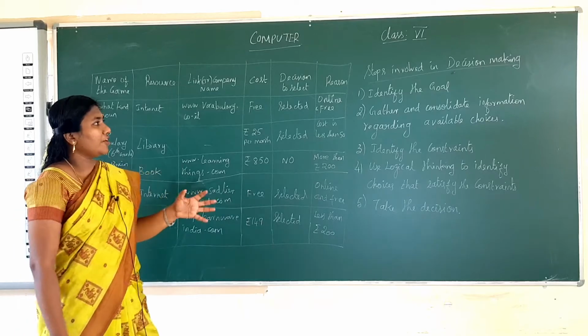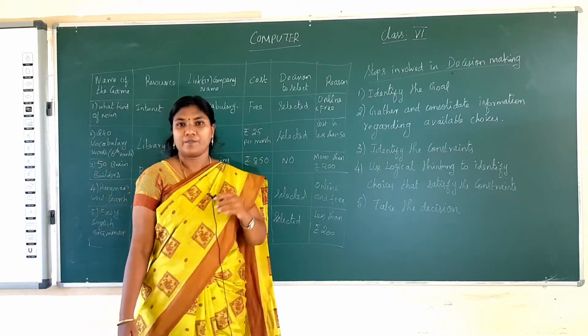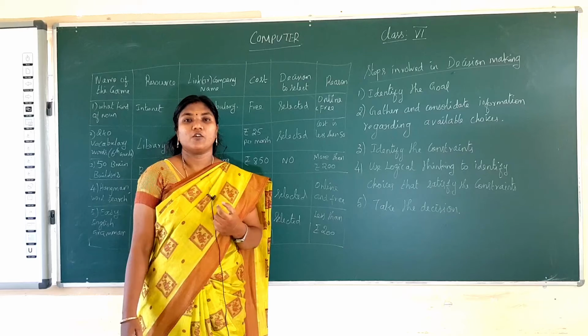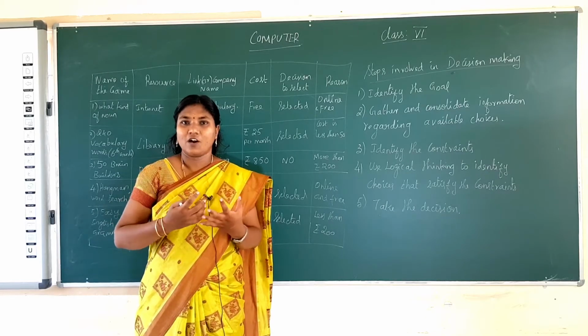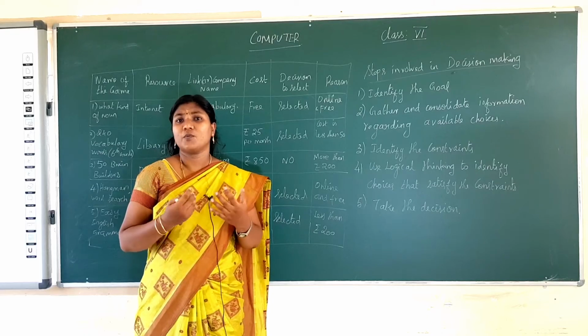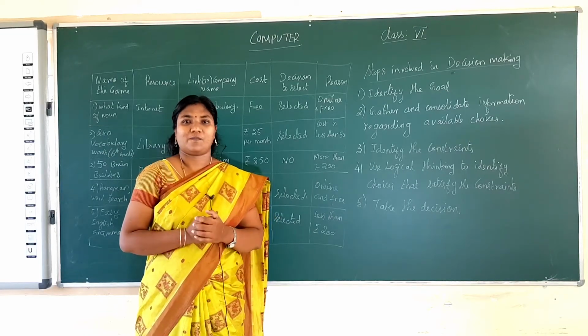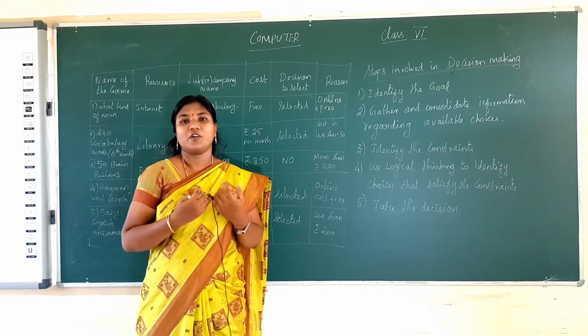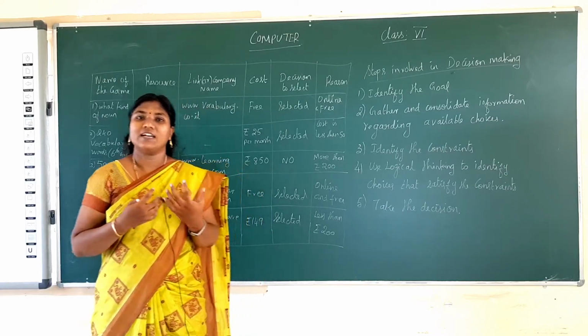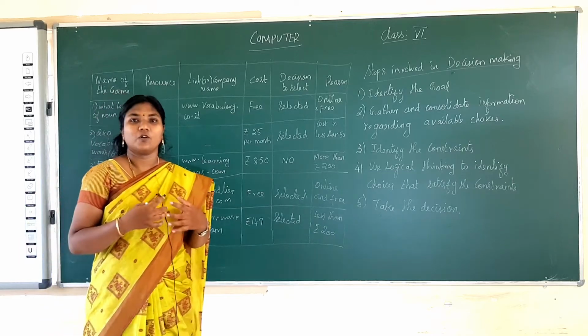So today we are going to see the topic decision making. When we want to purchase anything, how do we come to a conclusion that we can select this? Suppose you want to select a dress or a bag. First you will go on searching.